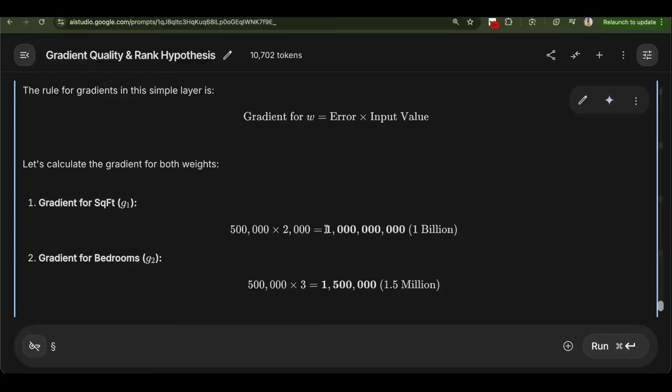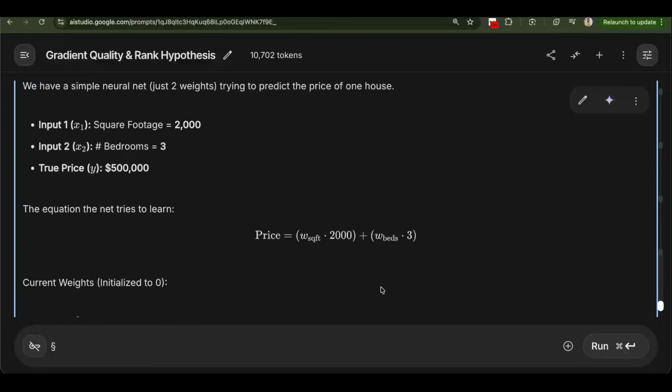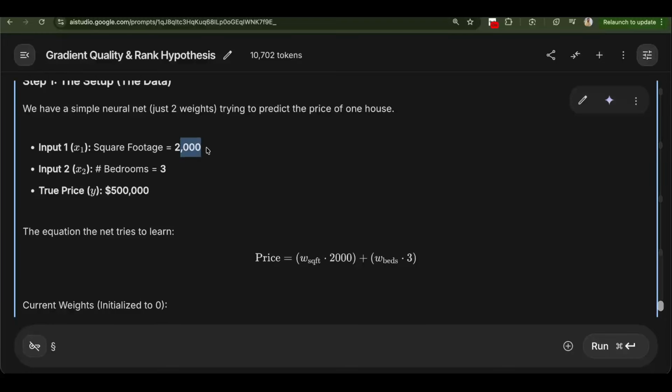So you see how much larger this number is. And it's just because our number for square feet is a big number and number of bedrooms is a small number. It doesn't mean that bedrooms are less important than square feet. It's just because they are differently scaled.